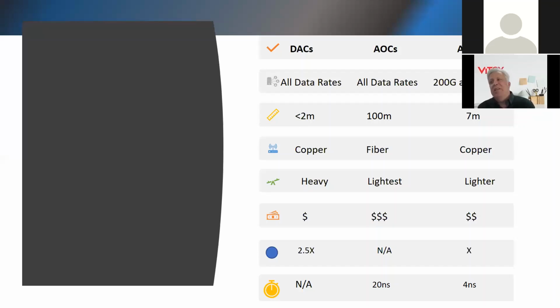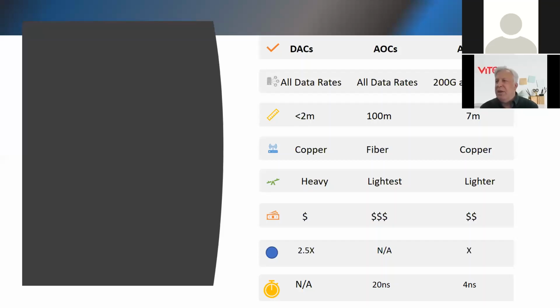The AOCs, 100 meters on OM3, 150 meters on OM4, and the AECs will have a max distance of 7 meters. Most of the time, you're going to be using 2.5 meter or 3 meter cabling for the AECs, intra-rack and inter-rack.